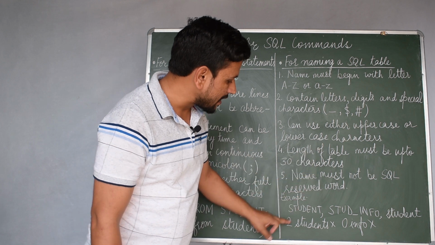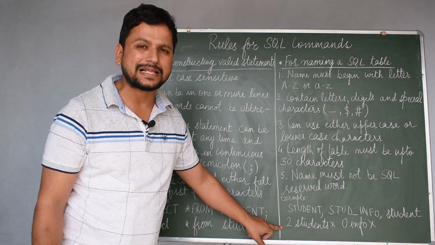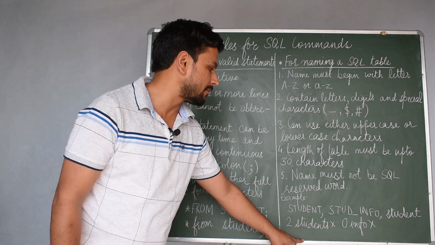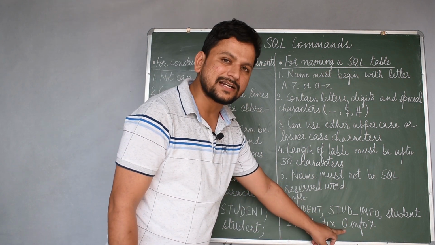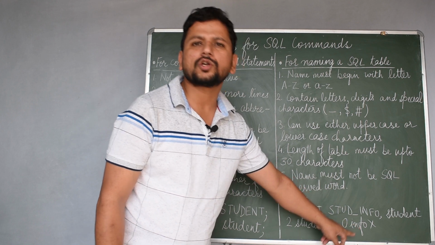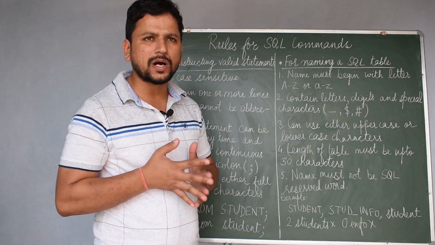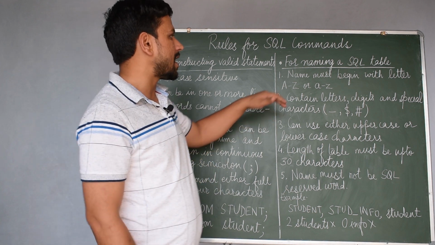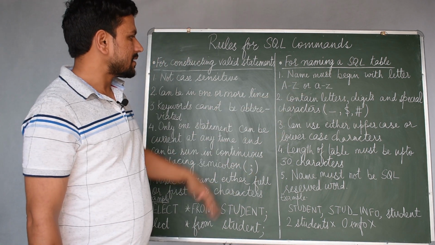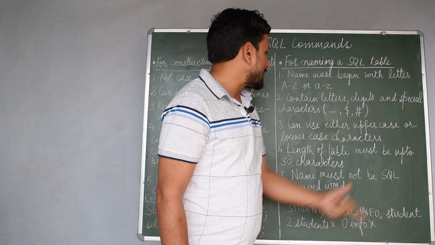In the same way, if I write 2student, because it starts with a number, that is not acceptable, that's why that is crossed. In the same case, if I write 0info, starting with a number, that is also not acceptable. So whatever name we are giving to a table or a column, that should begin with a letter.